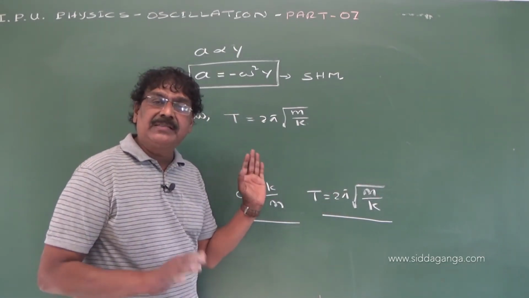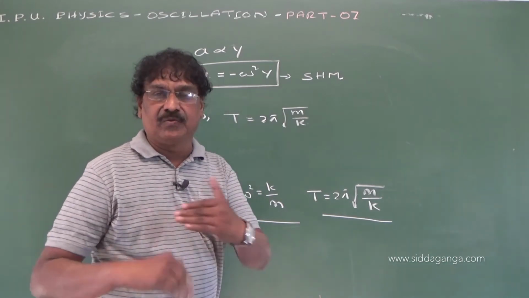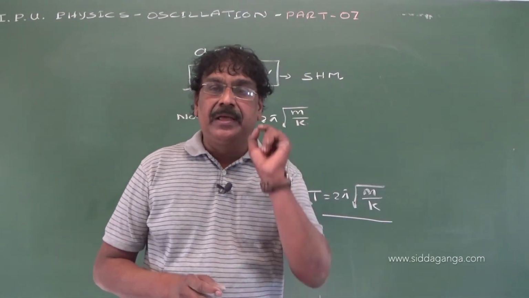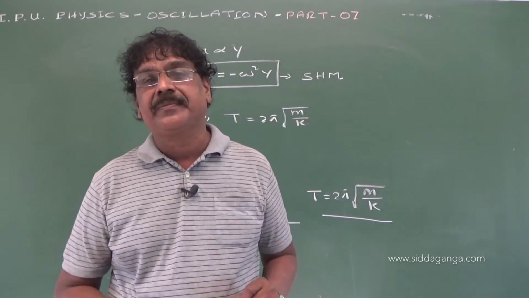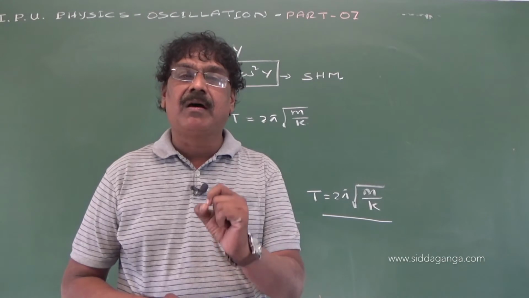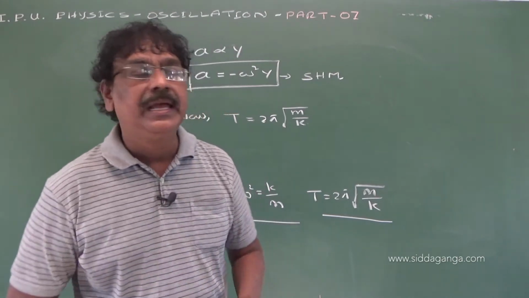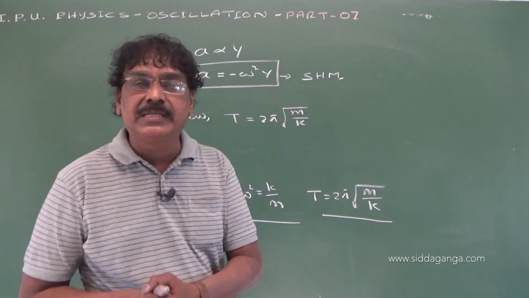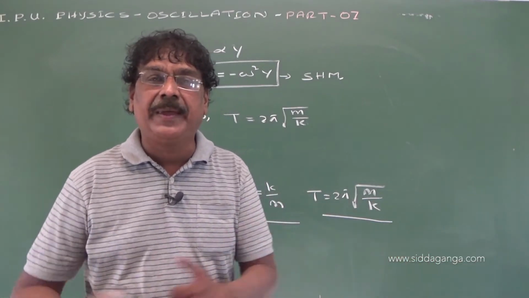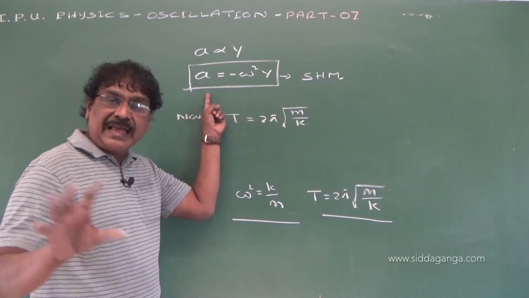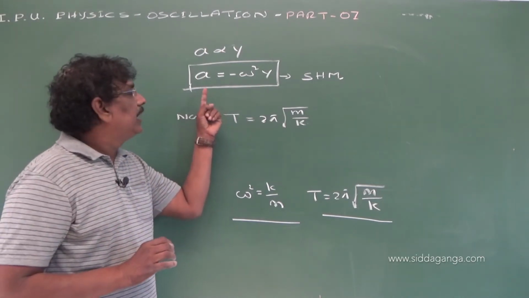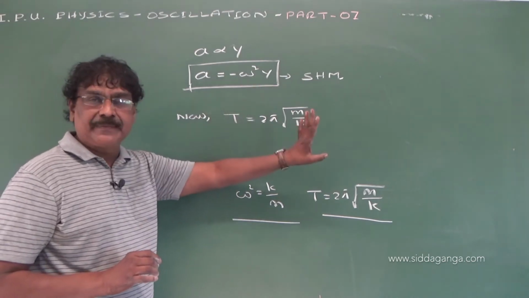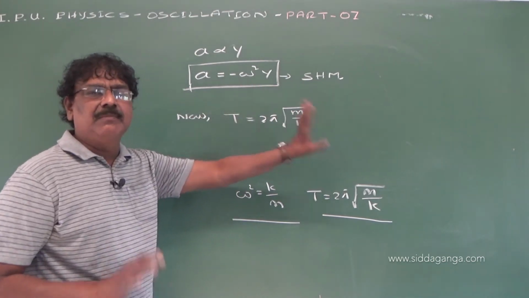To apply this equation to find the period of a motion, we have to ensure that it is a simple harmonic motion. Then only this equation is applicable. How to ensure that the motion is simple harmonic? It is a simple way. Find the acceleration of the particle. If a comes out to be equal to minus omega square y, we know the symbols.